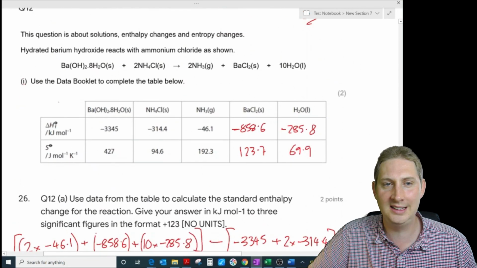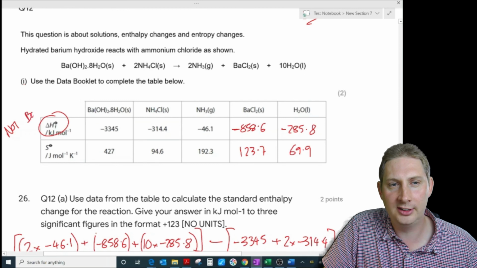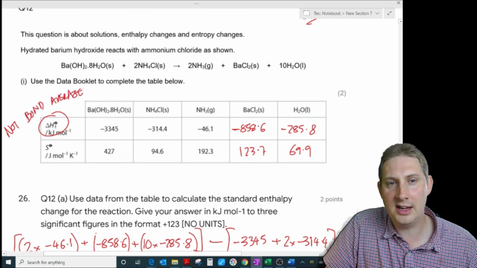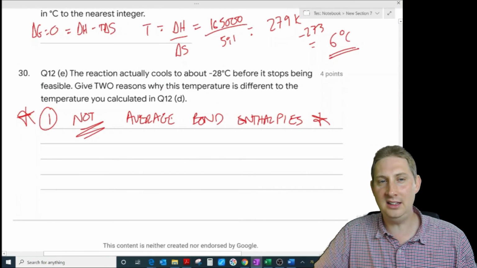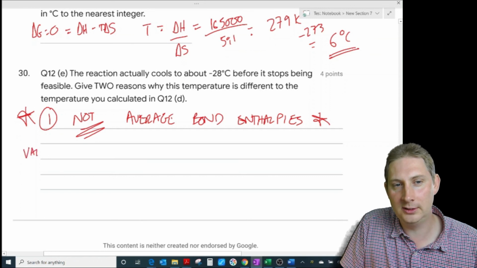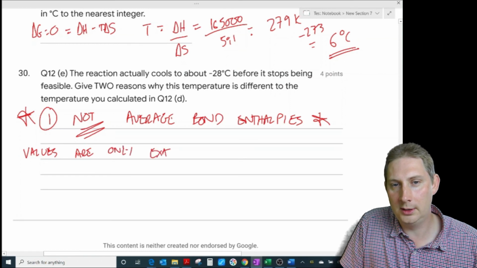They are measured exactly. These are not bond averages. They are exact numbers. But what is true is that the values are only exact at 298 Kelvin.